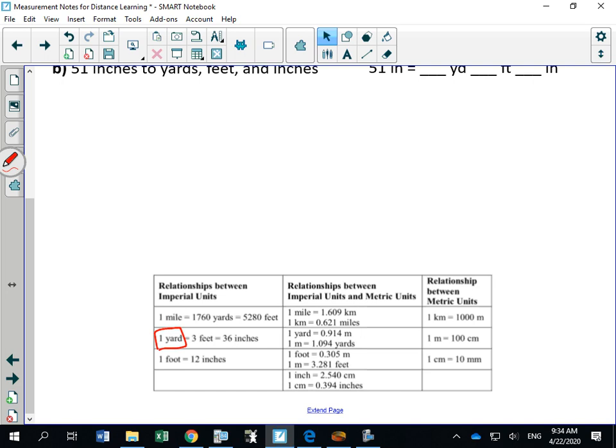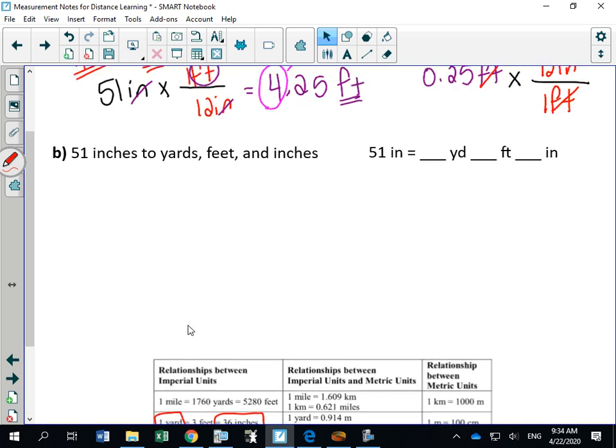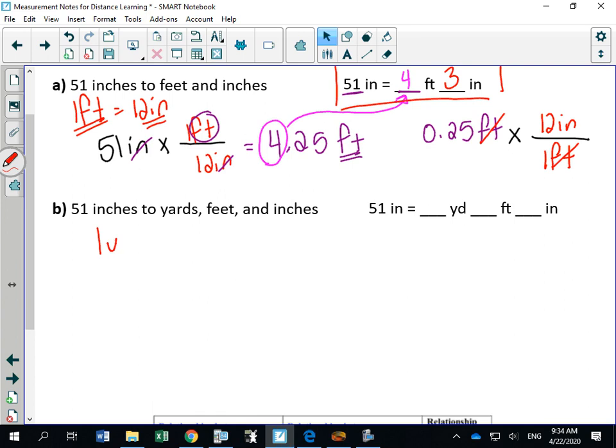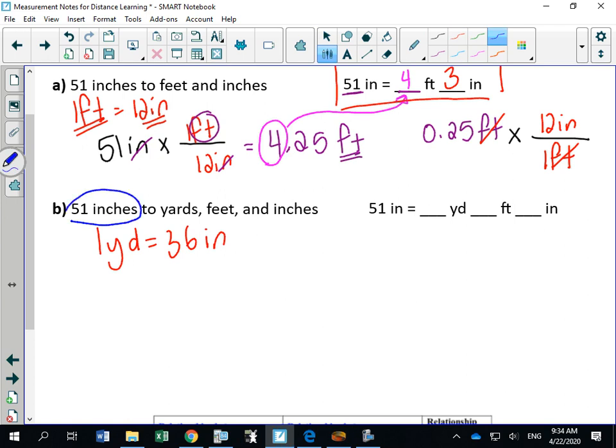Here's a yard and inches. So I need to write down 1 yard is equal to 36 inches. Always write down your conversion. Then, same steps over and over. Take what you're given, hit times, and we're going to multiply it by a fraction, and the fraction is our conversion.